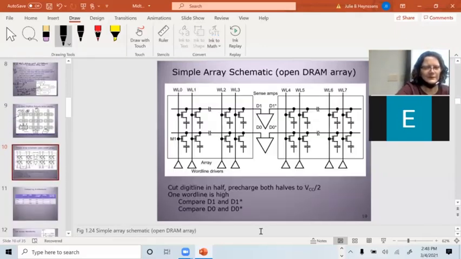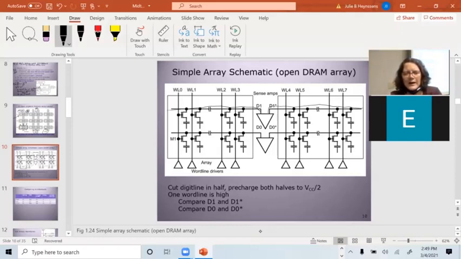We looked at this, and this is kind of gearing towards what we're going to do next in Project 3. It's already posted. Remember, in the open array architecture, we pre-charged all the digit lines, digit line 1 and digit line 1 star, with the equilibrate circuit to VCC over 2.